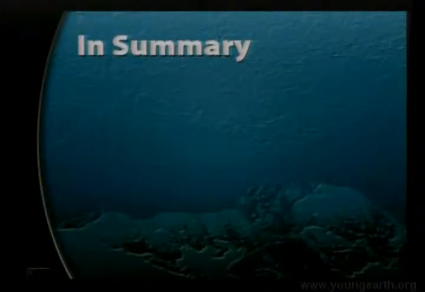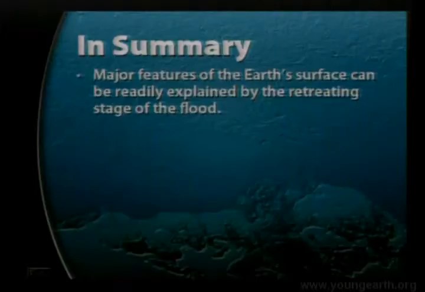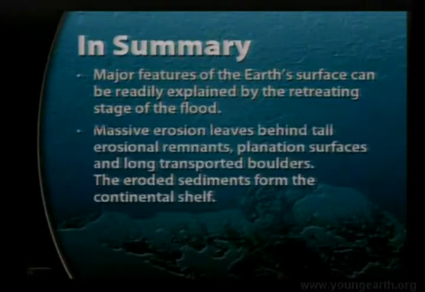So in summary, in this research project of 20 years of the surface features of the Earth, there's lots of major features of the Earth's surface that can be readily explained by the retreating stage of the flood that they can't explain. Massive erosion leaves behind tall erosional remnants that wouldn't be staying tall if it was slow erosion over millions of years.